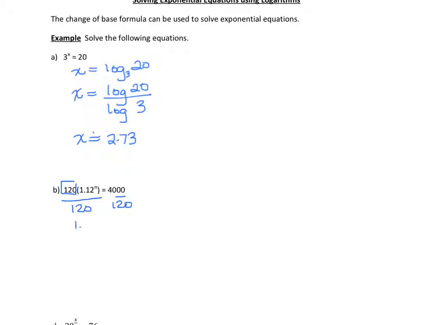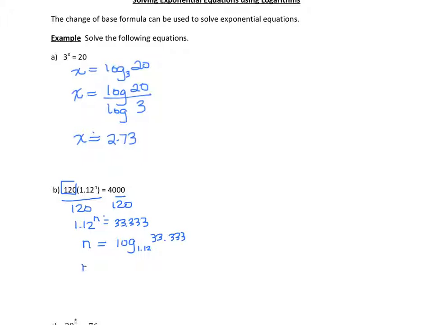So then we're left with 1.12 to the n equals 33.333, repeated, but we'll just cut it off there. In logarithmic form, that's the same as saying n is the exponent we put on 1.12 to get 33.333. So n is equal to log 33.333 base 1.12.